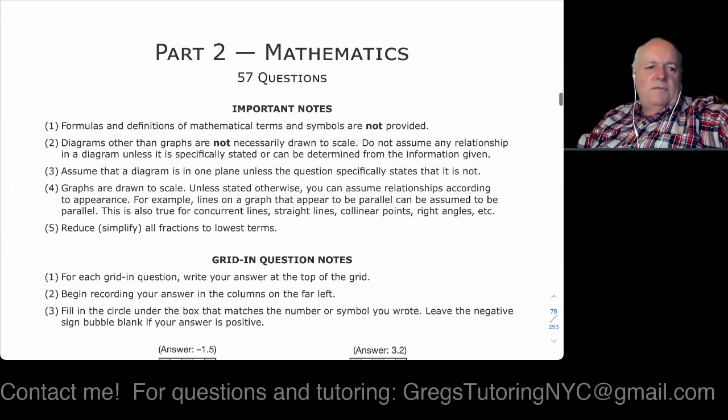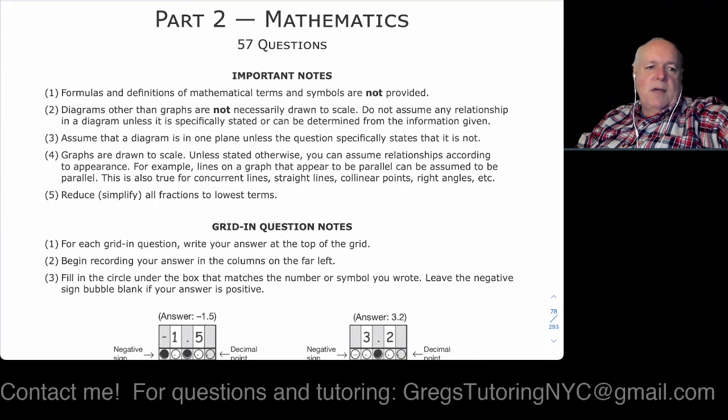Again, formulas and definitions are not provided. Two, diagrams are not necessarily drawn to scale. So you need to worry about stuff like that.